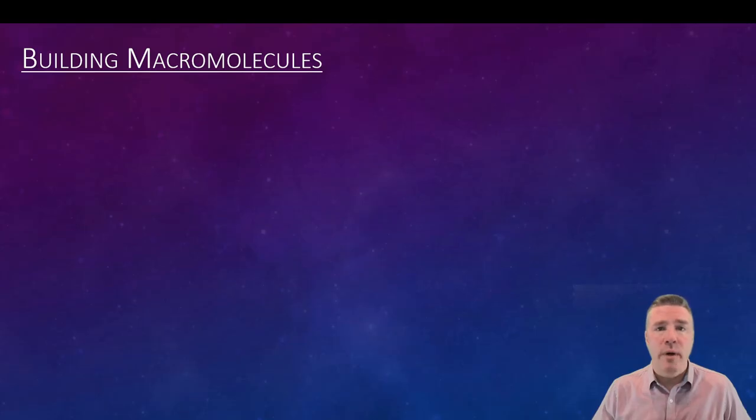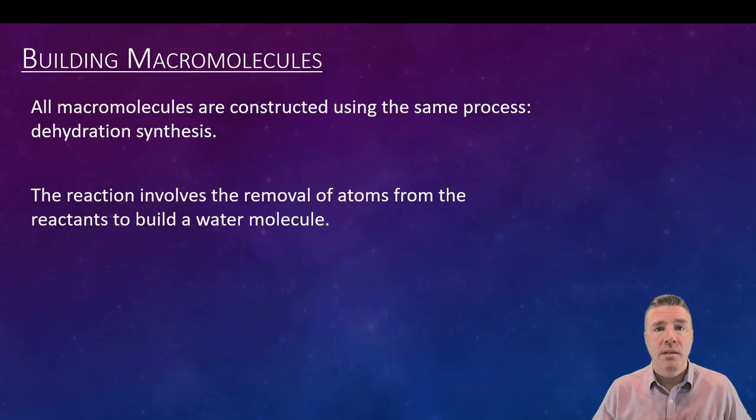Regardless of the category of macromolecule in question, all are constructed using the same chemical process. This process is called dehydration synthesis. The reason for this name is because it involves the removal of atoms from the smaller reactant molecules in order to form water and build a larger product molecule in the process.